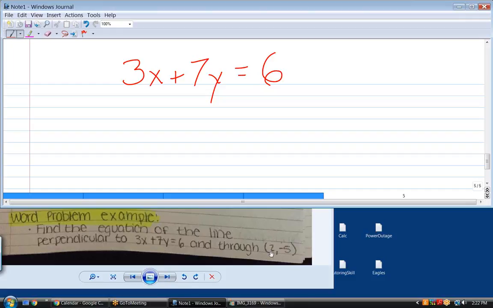Yeah. In other words, the difference between that line and that line is primarily slope. Now, it's also nice to have a point that they go through, but if I can figure out the slope and a point, then I can come up with the equation of any line. So first of all, let's figure out the slope of this line.